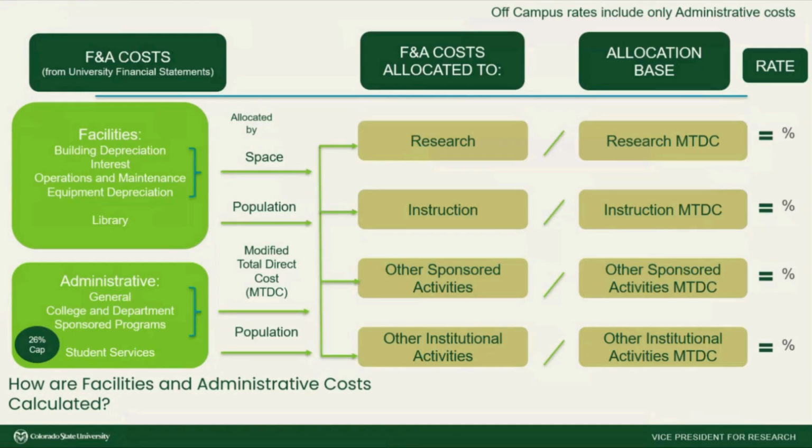And we need to also mention that the definition of MTDC is written into our indirect cost agreement. So while uniform guidance has changed their thresholds for both equipment and for sub-recipients, because that definition is written into our indirect cost rate agreement, we have not been able to change our thresholds for sponsored projects yet.